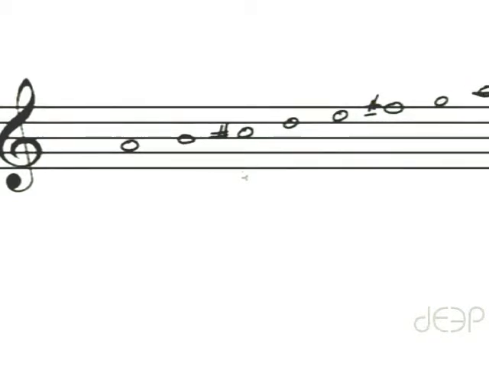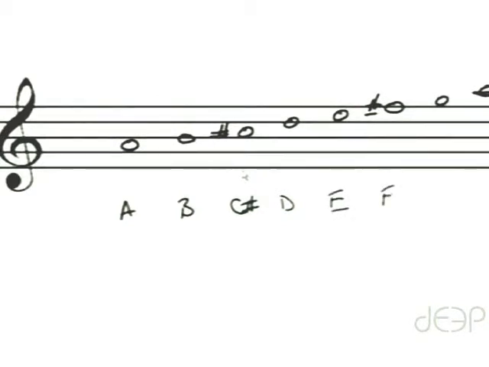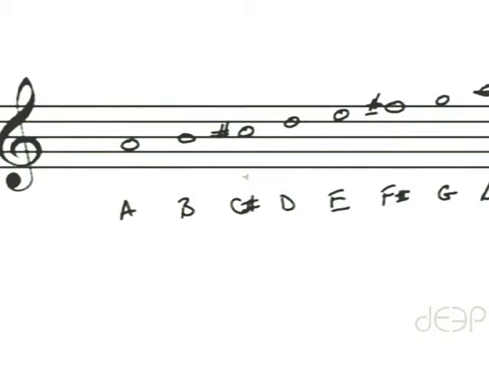And let's write those down. A, B, C sharp, D, E, F sharp, G, A. Now, you've got the scale, and now I give you the assignment. Tell me what is the mode.